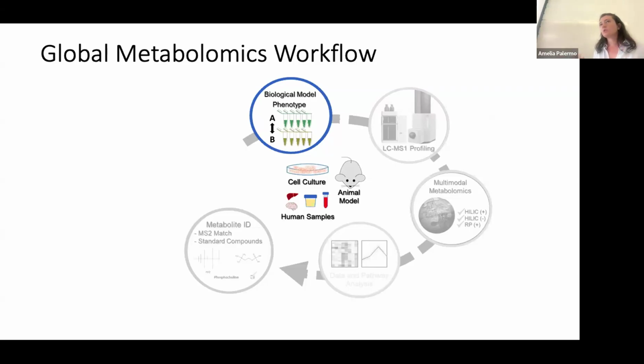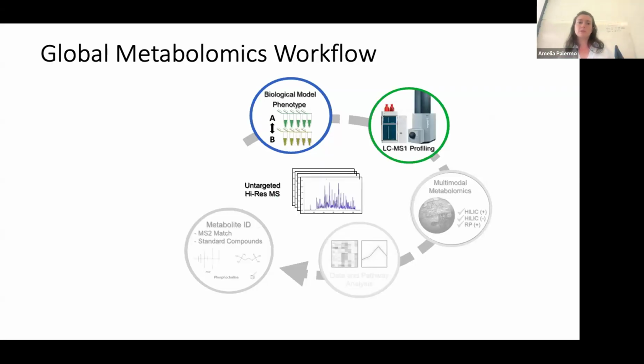We usually have our conditions of interest, right? Our A/B control treatment conditions with appropriate replicates. We use the mass spectrometer, generally in a configuration. The most common is the liquid chromatography mass spectrometry configuration. There is also the gas chromatography mass spectrometry configuration that is used in specific applications. However, the LC is way more versatile, so this is usually the one that is present in research laboratories.